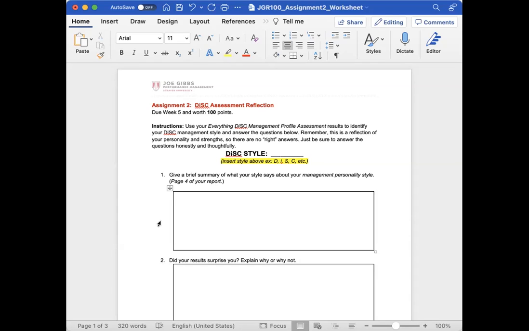This could be found on page 4 of your report. Now, if you took the DISC, you'll have a page 4. If you did not take the DISC and you got it from somewhere else on the internet, you're not going to find page 4, so you're going to have to search for this information. I can't tell you where to find it other than to buy it from the bookstore, because that is the professional level one.